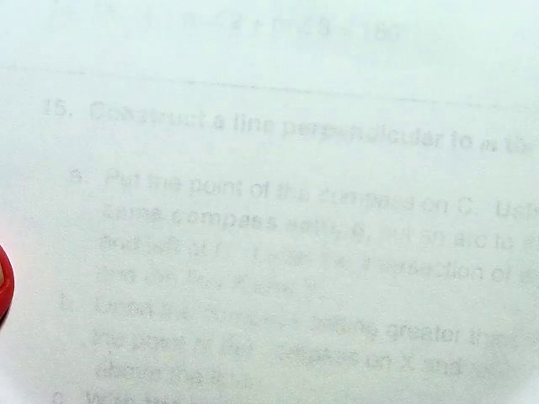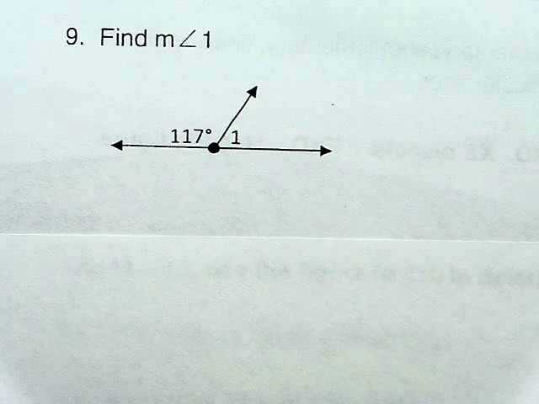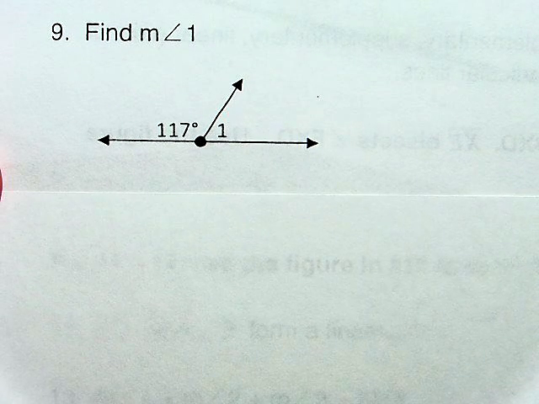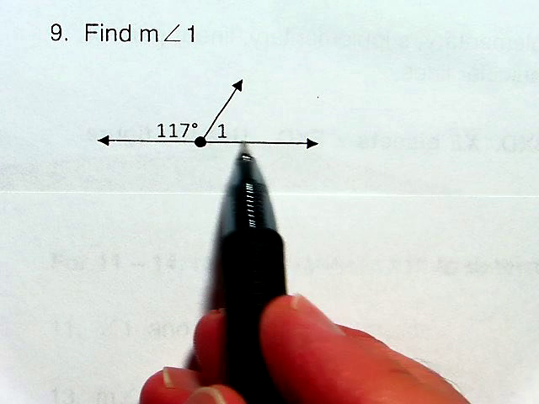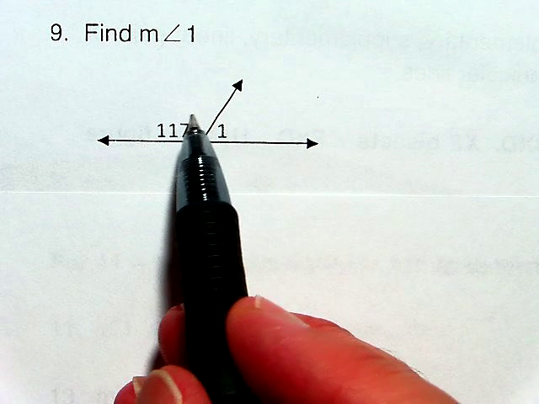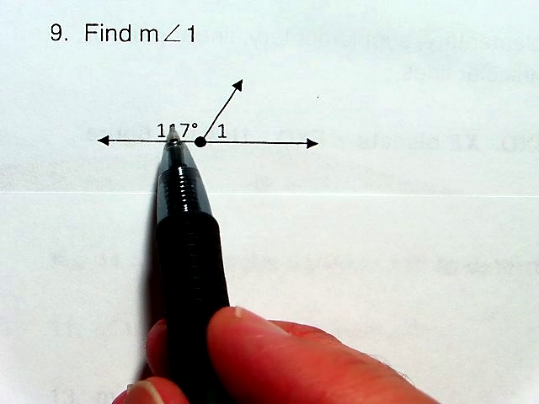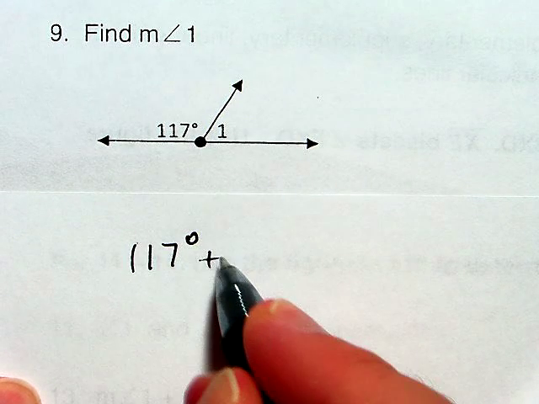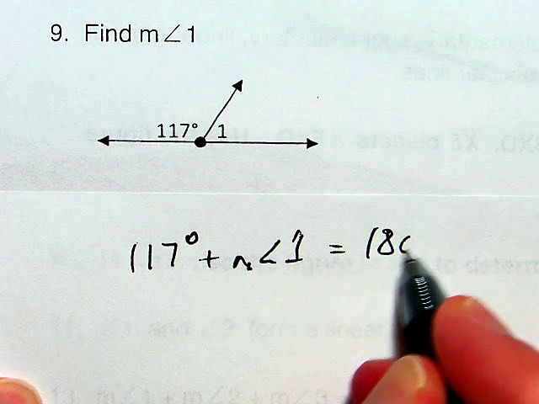Problem number 9 is a diagram, and we have to figure out the measure of angle 1 here. Okay, well, we're given a straight angle, right? We know that this is a straight line. So what the diagram is really telling us is that 117 plus the measure of angle 1 is equal to 180 degrees.